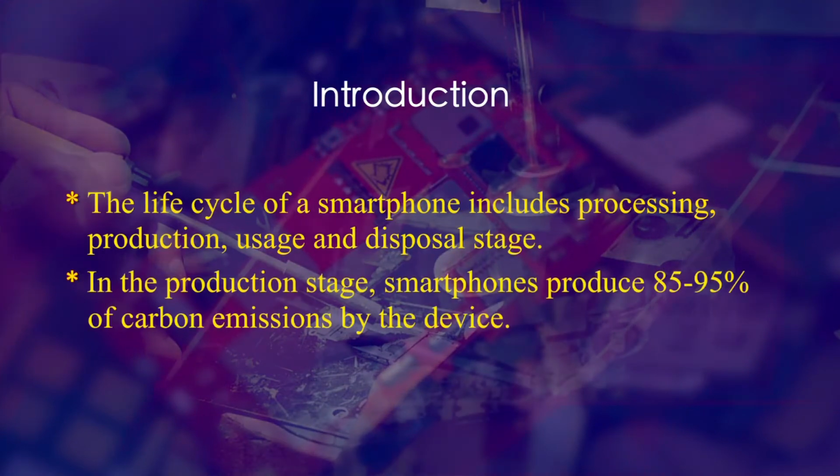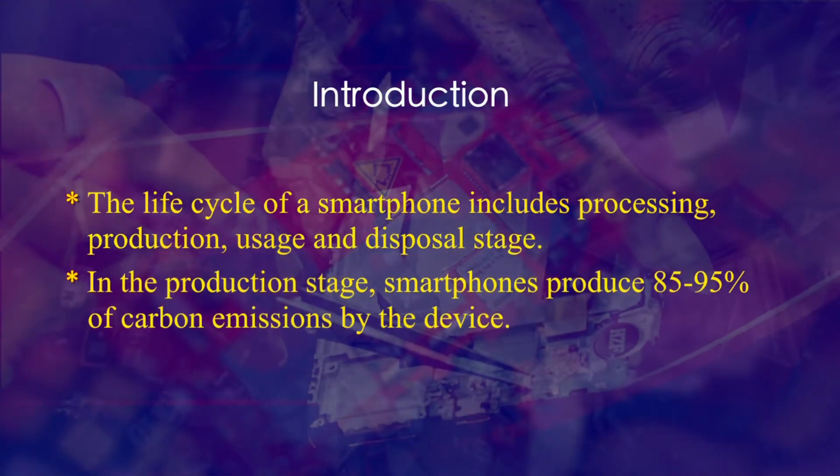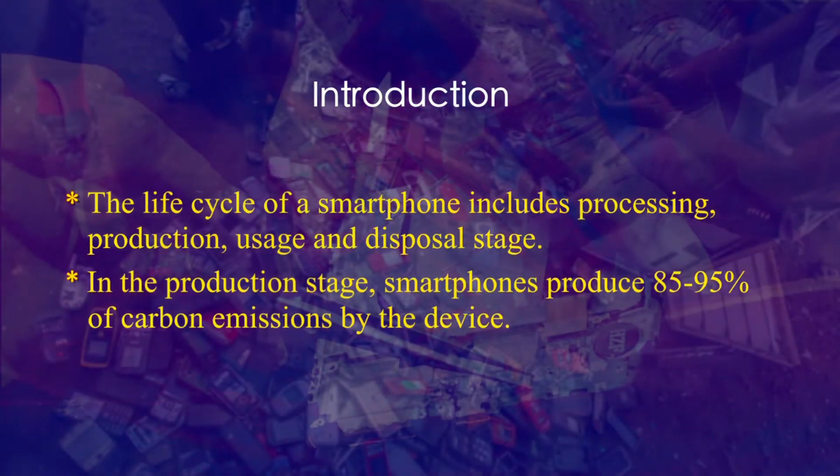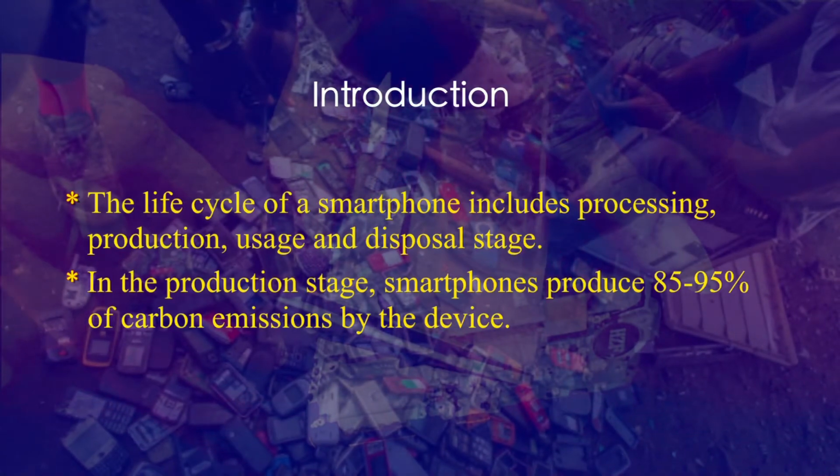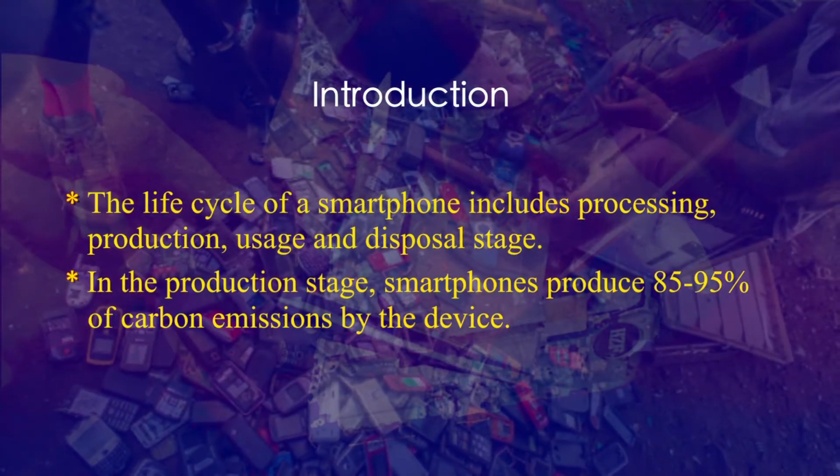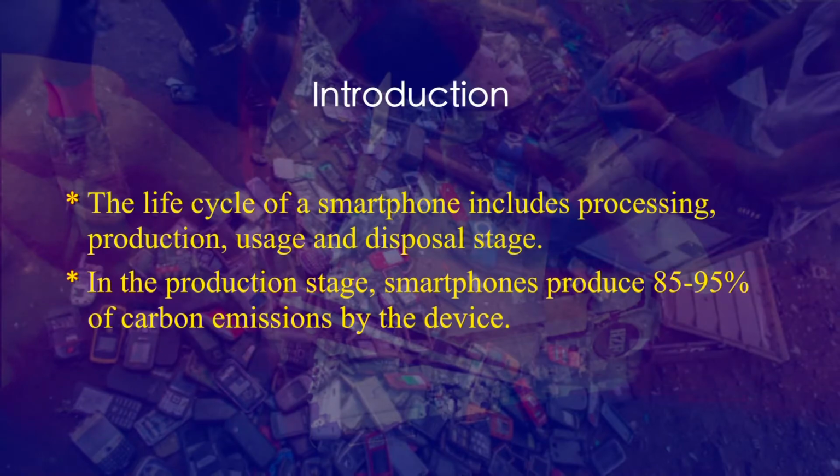In production stage, smartphone produce 85 to 95% of carbon emissions by the device, which adversely impact the environment. It is estimated that the energy used to build a single smartphone is equal to the energy required to operate it for about a decade.